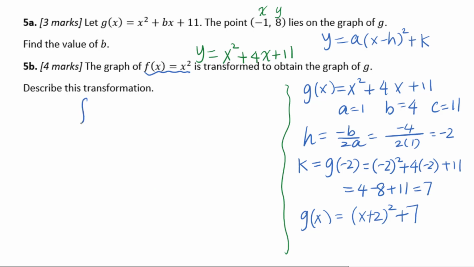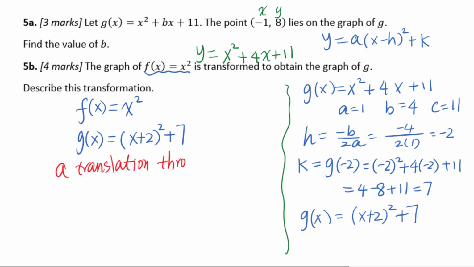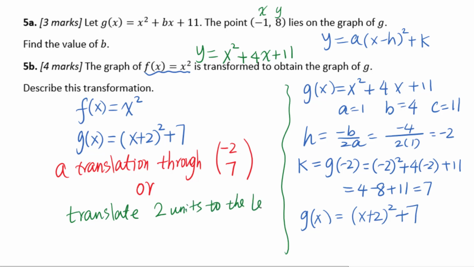We know the parent function f of x equals x squared, and g of x equals (x plus 2) squared plus 7. The transformation will be a translation through (-2, 7), or translate 2 units to the left and 7 units up.